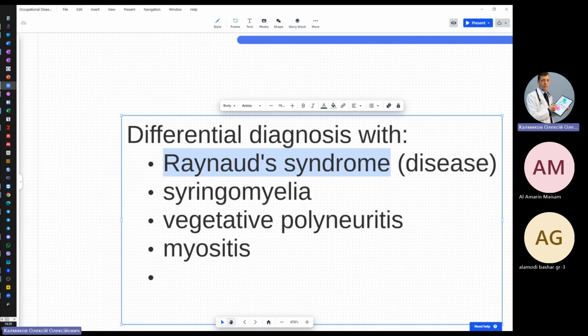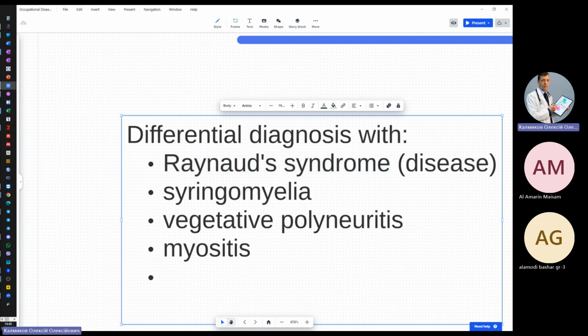Vegetative polyneuritis is very similar to what we have in case of vibration disease, but vegetative polyneuritis is usually one-sided, right? Even if it occupies both extremities, usually it is not accompanied by significant vascular changes, nor especially by locomotor system changes. Myositis, no vascular, no neural changes, mostly inflammation of muscles.